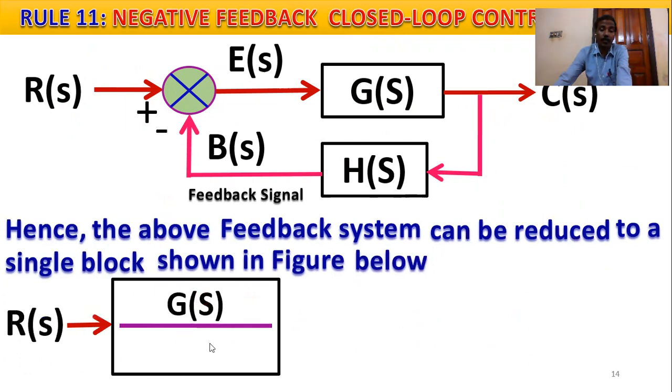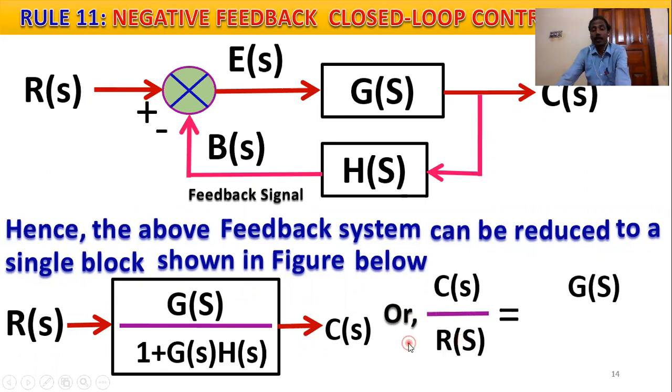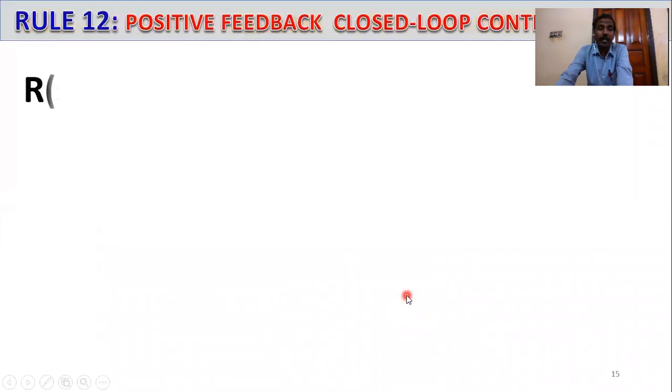R(S) reference input, and already proved this is G(S) by 1 plus G(S) into H(S). This is the output C(S). So C(S) by R(S) equals G(S) by 1 plus G(S) H(S). This is the definition of transfer function, with all initial conditions 0. And the denominator term 1 plus G(S) H(S) equals 0 is called the characteristic equation. It gives the system stability.